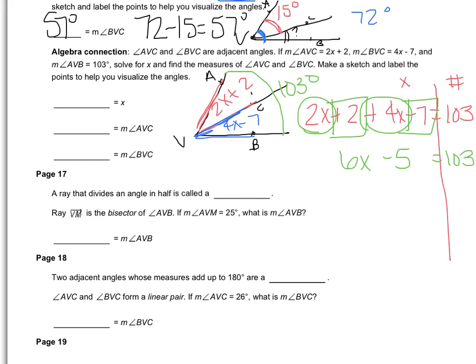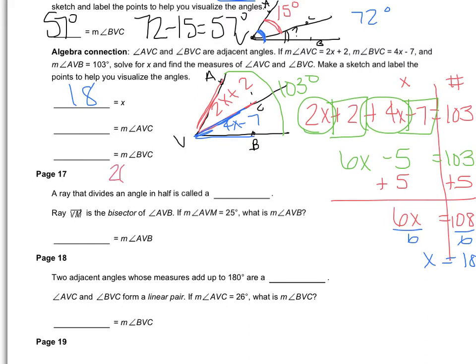So to get x by itself, I'm going to add 5 to both sides, and I get that 6x equals 108. And then to get x by itself, I'm going to divide both sides by 6. And when I divide 108 by 6, I get 18. So x is 18. I'm supposed to find AVC. Well, AVC is 2x, which is 18, plus 2. That's going to give me 38.